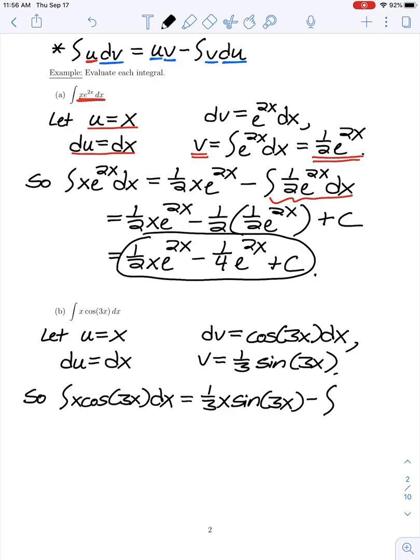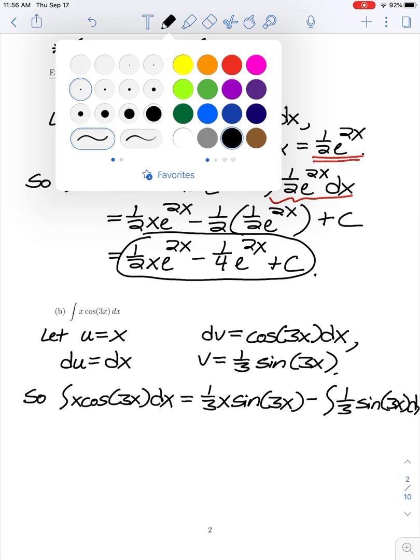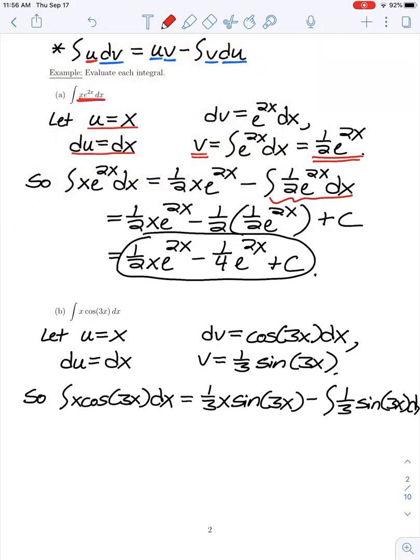Now v times du would give us 1/3 sine of 3x dx. Again, in part B, after we apply this integration by parts formula, the new integral that we're left with is much easier to evaluate than the one that we started with. In fact, it can be evaluated directly from here.